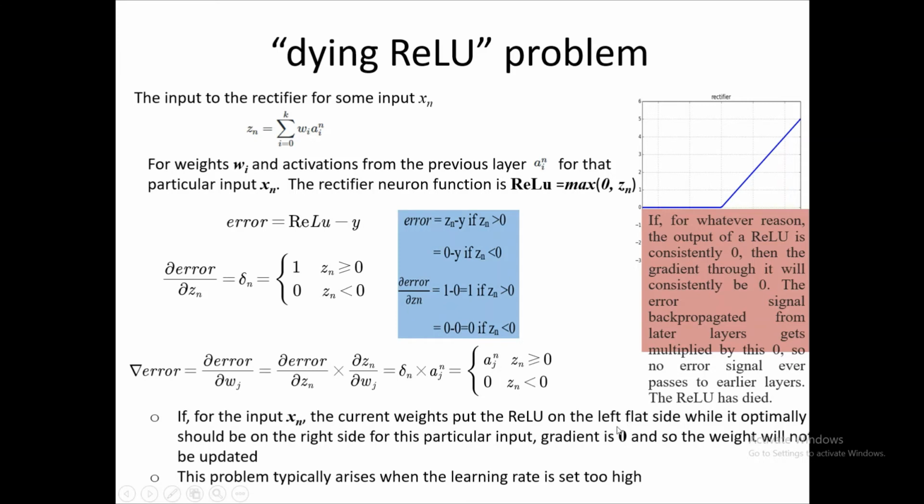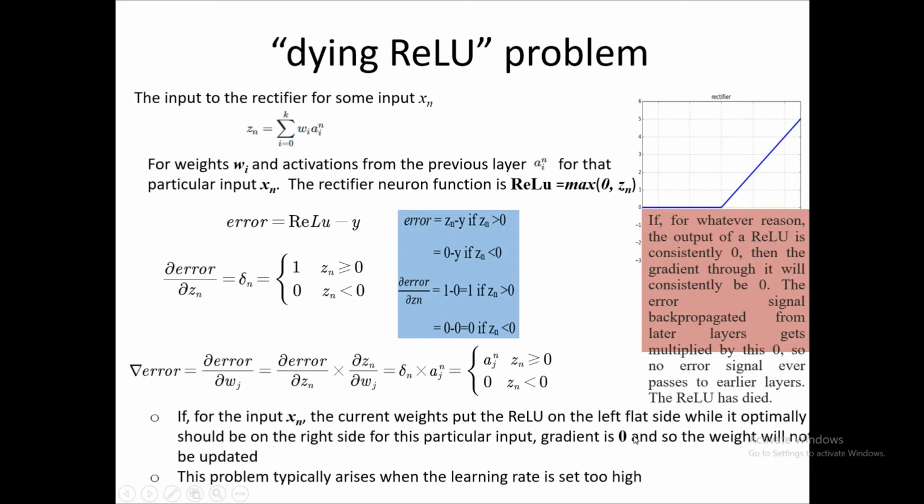If the current weight puts the ReLU on the left side, that means when this Zn is negative, then the gradient will be 0. This is our gradient. In both cases, the gradient is 0.